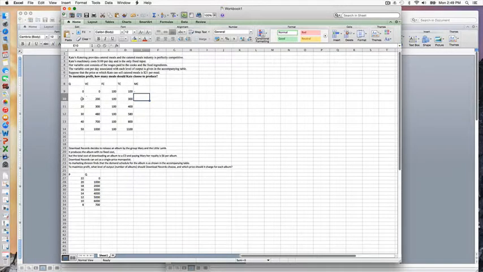Now for this level of output, 10 meals, change in total cost is 300 minus 100, which is 200, divided by change in output, 10 minus 0 is 10. So 200 divided by 10 is 20.